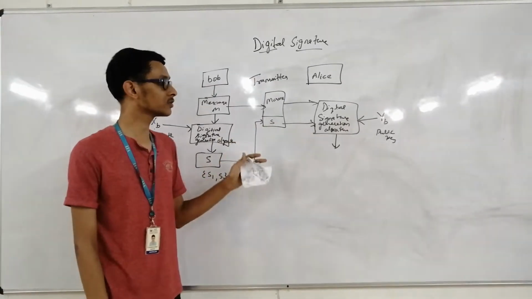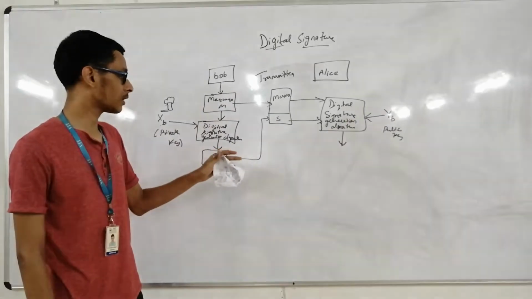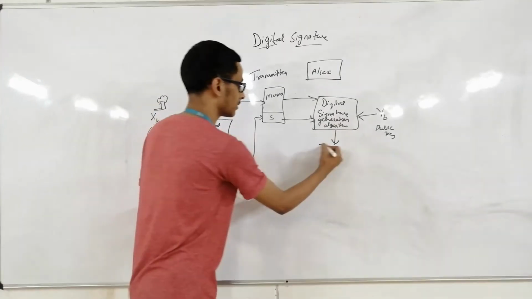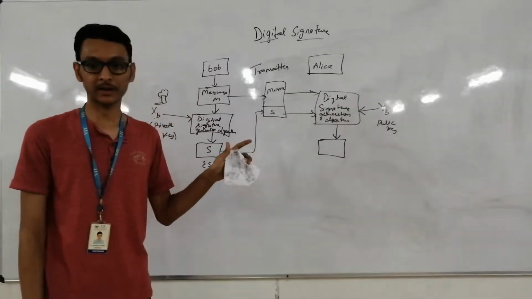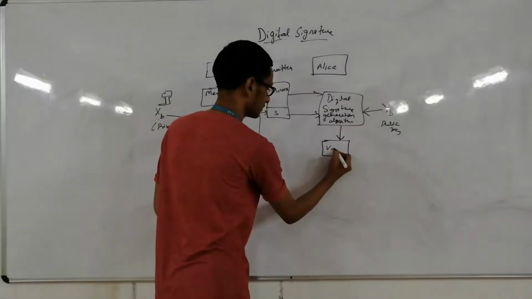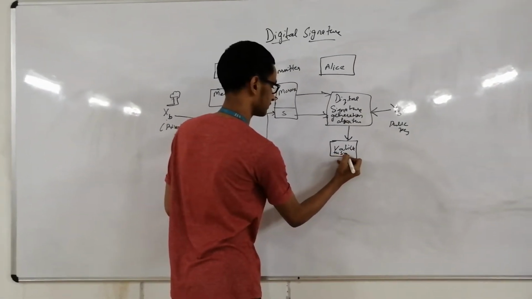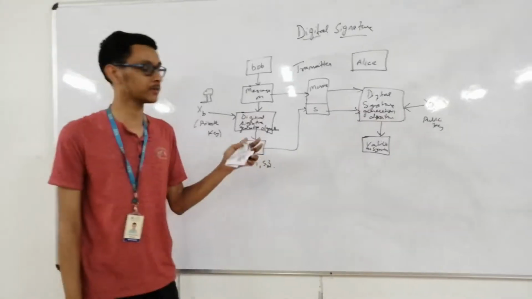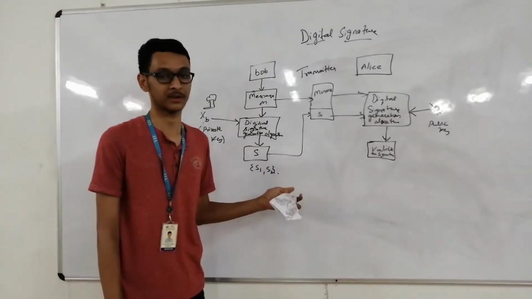Alice doesn't need to use her own private or public key. This mechanism involves only the private and public key of the sender. So now she'll get V1 and V2, and she needs to validate the signature. If they both are the same, then it means that the signature is authentic and the message is authentic.